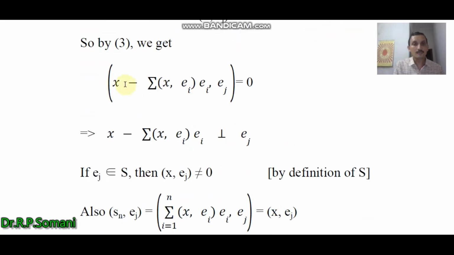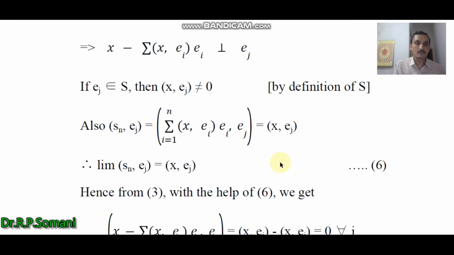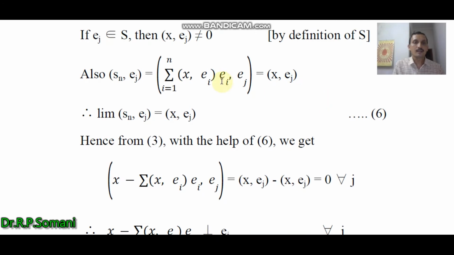Therefore the first vector, x minus the summation of ⟨x, e_i⟩ e_i, is orthogonal to the second vector e_j. Now the second possibility: if e_j belongs to S, then ⟨x, e_j⟩ is non-zero by the definition of S. Also, ⟨S_n, e_j⟩ equals the summation i varying from 1 to n of ⟨x, e_i⟩⟨e_i, e_j⟩, which equals ⟨x, e_j⟩. Therefore, the limit of ⟨S_n, e_j⟩ equals ⟨x, e_j⟩.